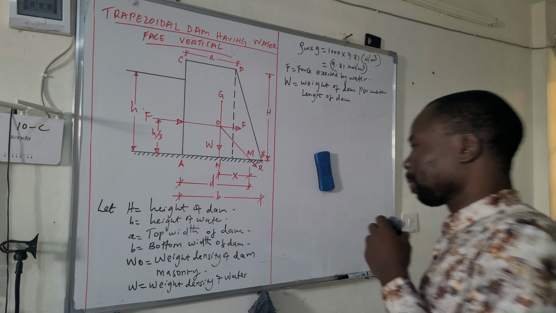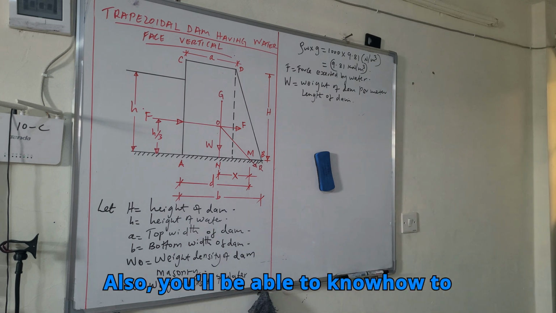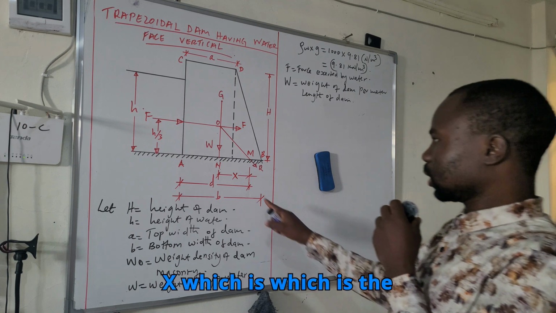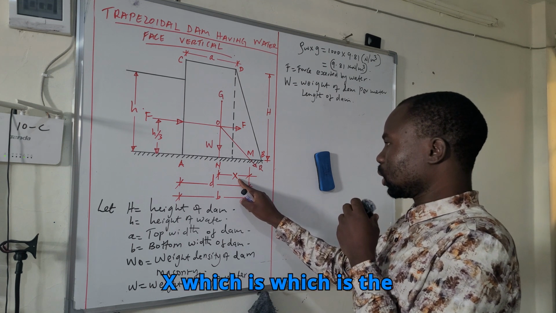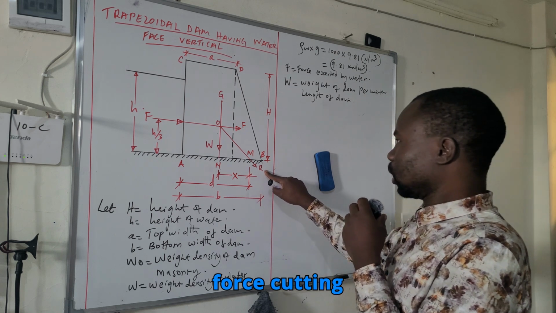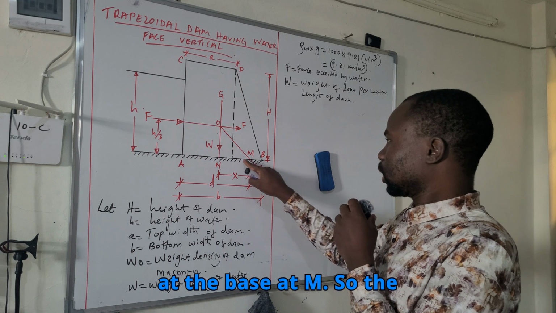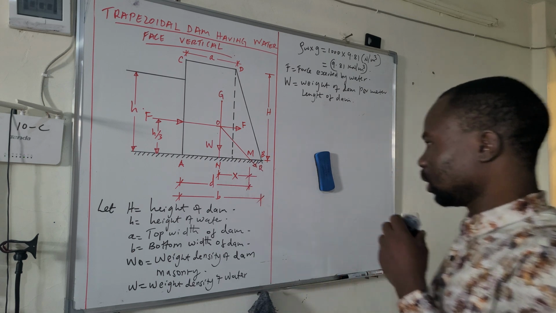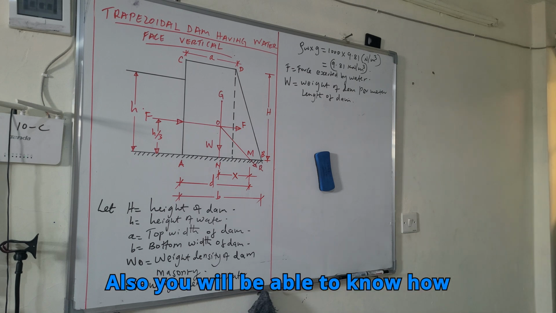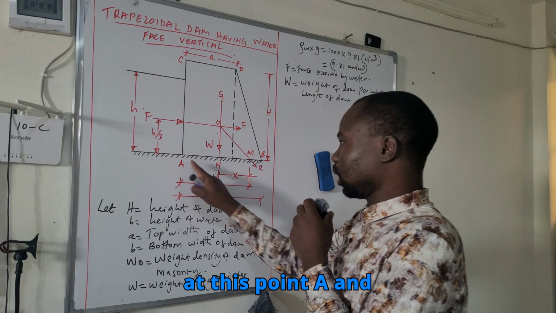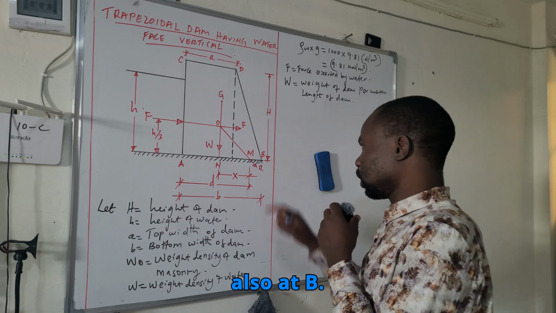Also, you'll know how to calculate this distance x, as a result of the resultant force cutting at the base at M, so the distance is NM. And you will know how to calculate the stresses at this point A and also at B.